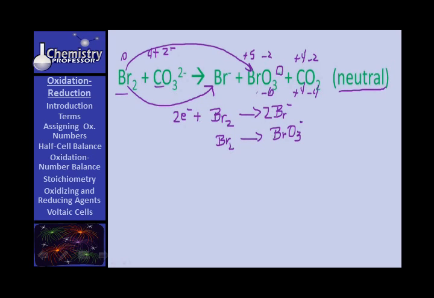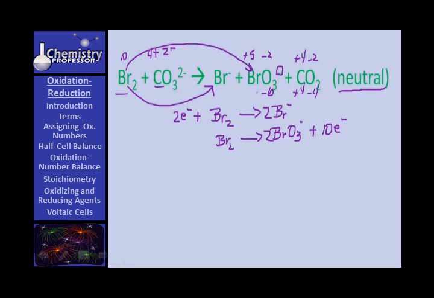Oh, but I have 2 of them here, so I have to have a 2 here. Don't forget to put that 2 in there. Each bromine is going from a 0 to a +5. Each bromine then is losing 5 electrons, but you have 2 bromines, so you are losing 10 electrons. Got the idea? 10 electrons.